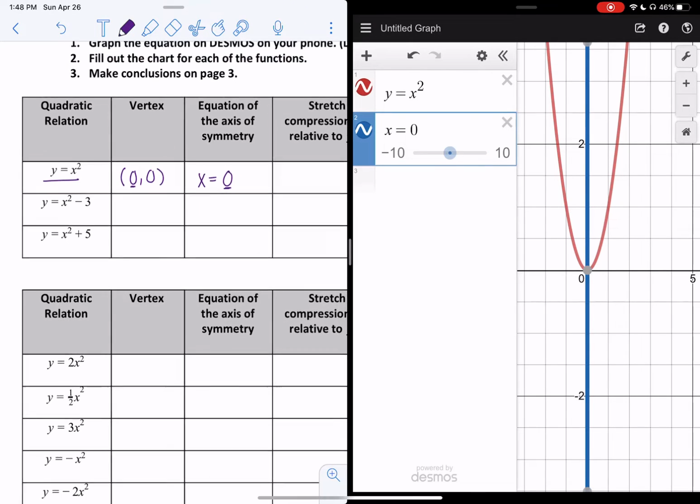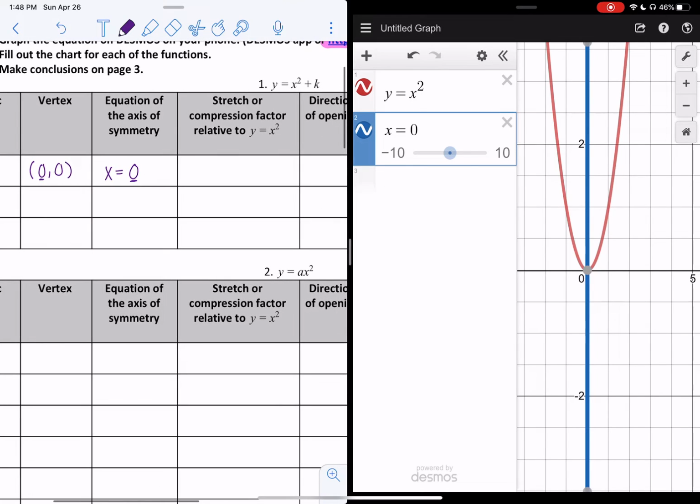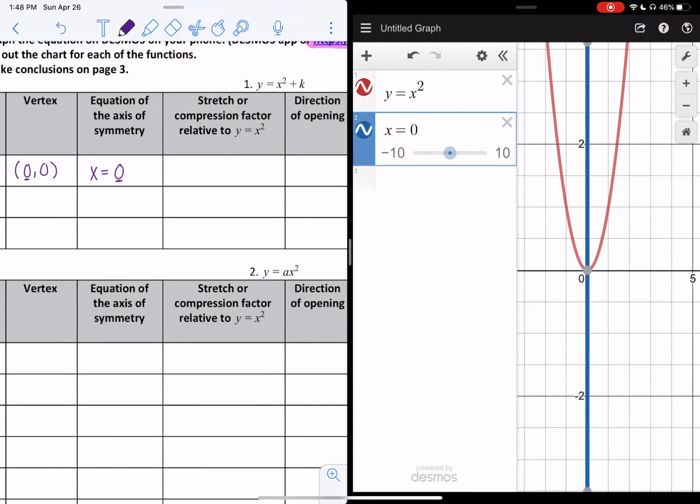Next, we want to find out if it was stretched or compressed. Just as a reminder, if something's been stretched or compressed, that's when I have a value right here. And remember, when stretched or compressed, I'm not looking at the sign, I'm just looking at the number. So ignore if it's positive or negative. If it is bigger than 1, we have a stretch.